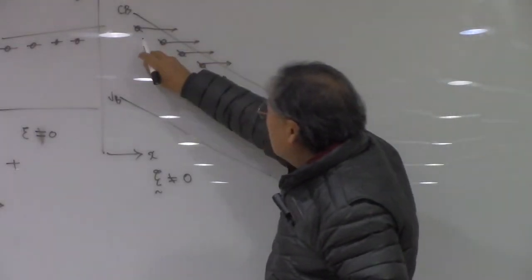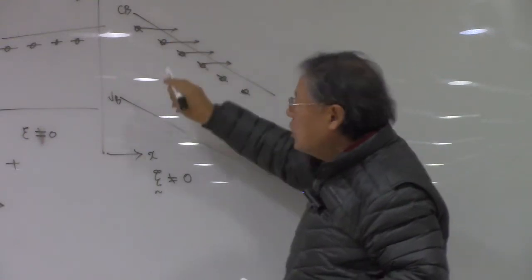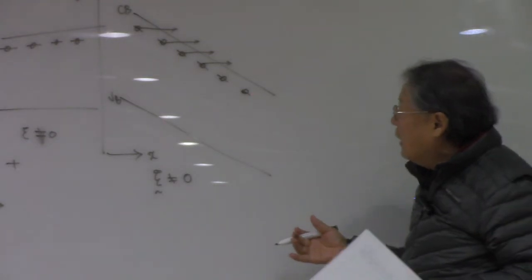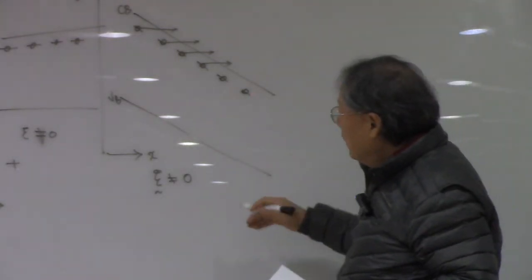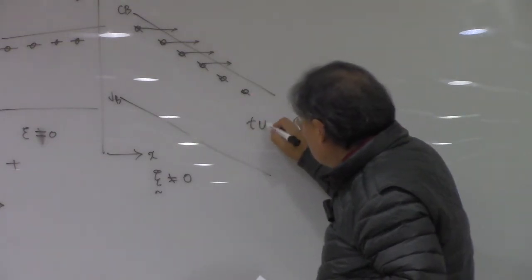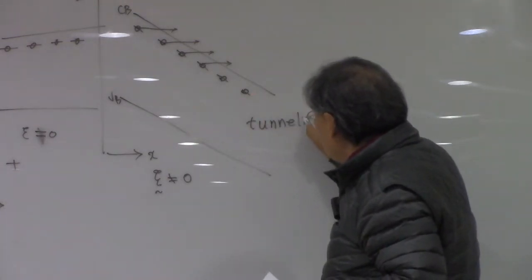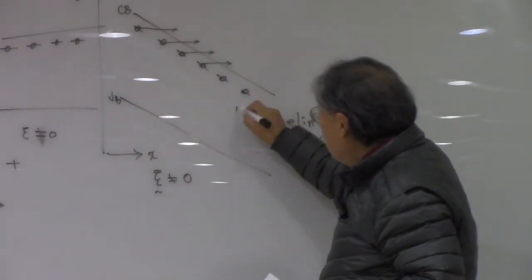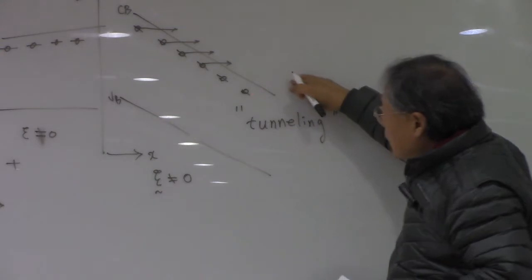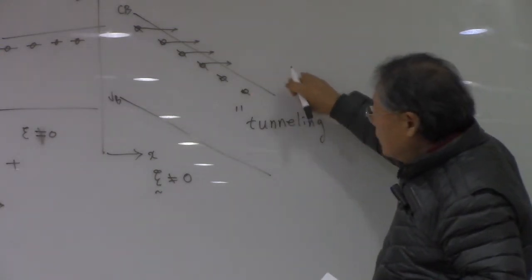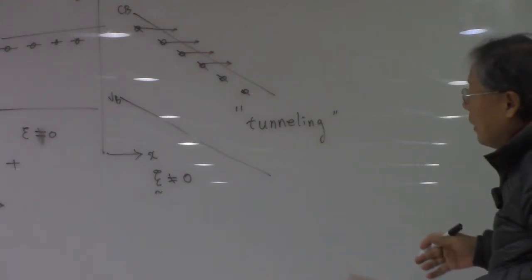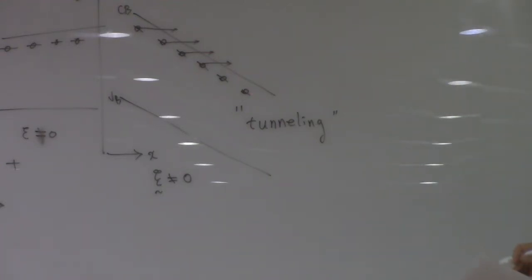So you can go into the conduction band without any cost of energy if you apply the electric field. And that is going to be called the tunneling phenomenon. And then you can create a lot of free carriers on the conduction band in this way. That is the field emission.